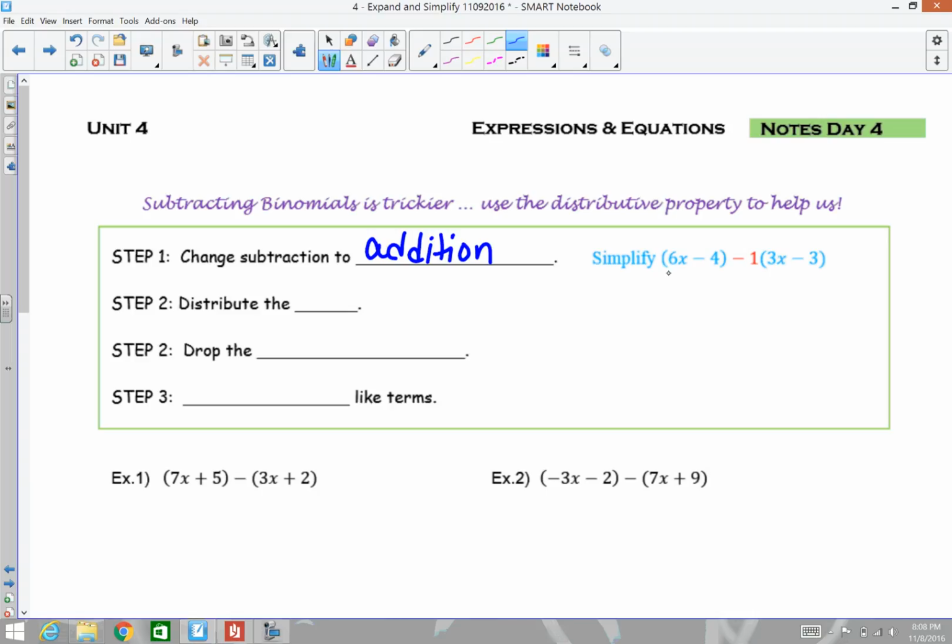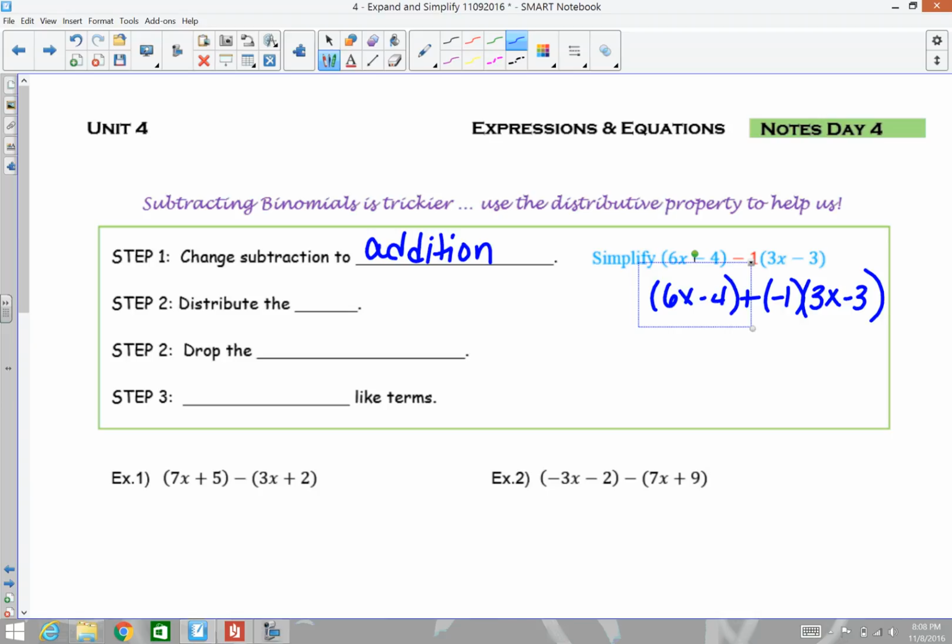So instead of writing this as 6x minus 4 minus 3x minus 3, I'm going to recognize that this is a negative 1 being multiplied, and I'm going to make this addition. Okay? So I'm going to keep the parentheses, change subtraction to addition, and change this to a negative 1.